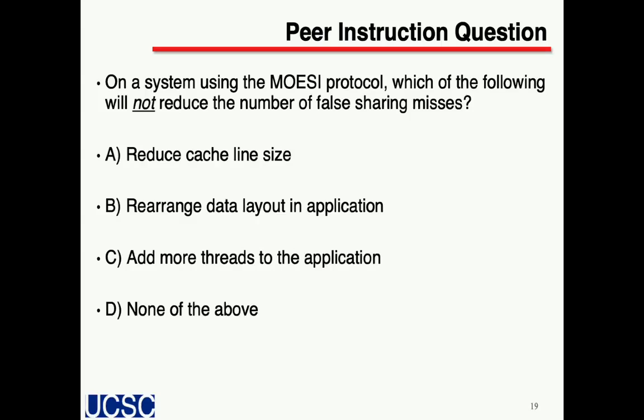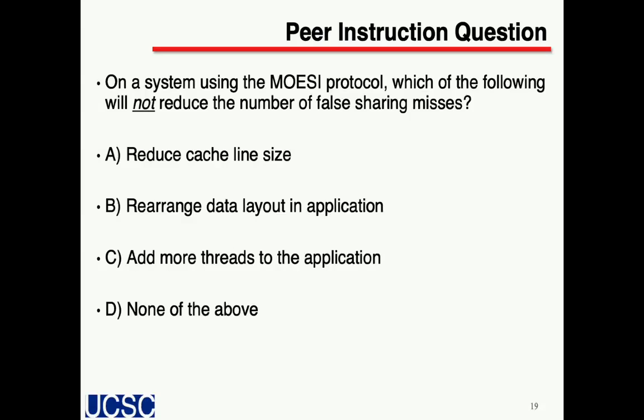Question? Does adding more threads cause true sharing misses, not false ones? I guess I should argue that C is a bit ambiguous, right? Because it's not clear how these threads are going to interact with the application.